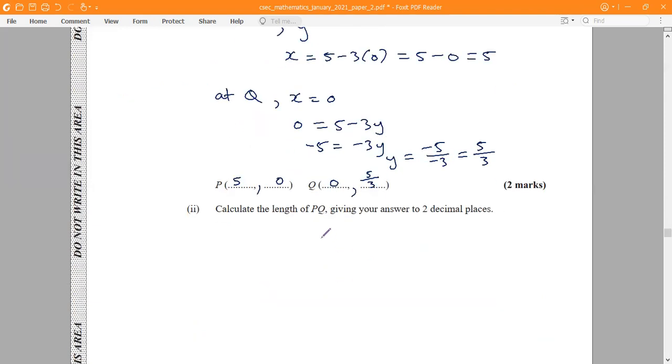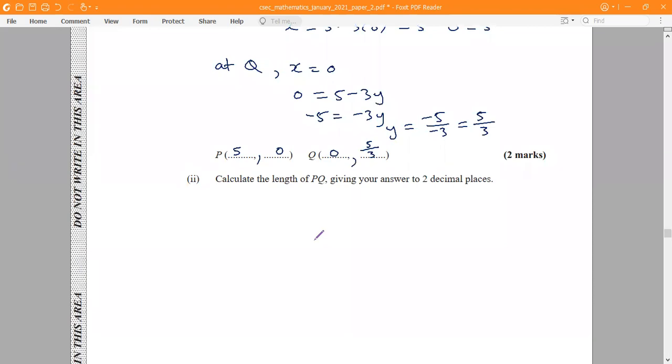Calculate the length of PQ, giving the answer to 2 decimal places. So let's use the formula for the length of a line segment, the square root of x minus x1 squared plus y minus y1 squared.